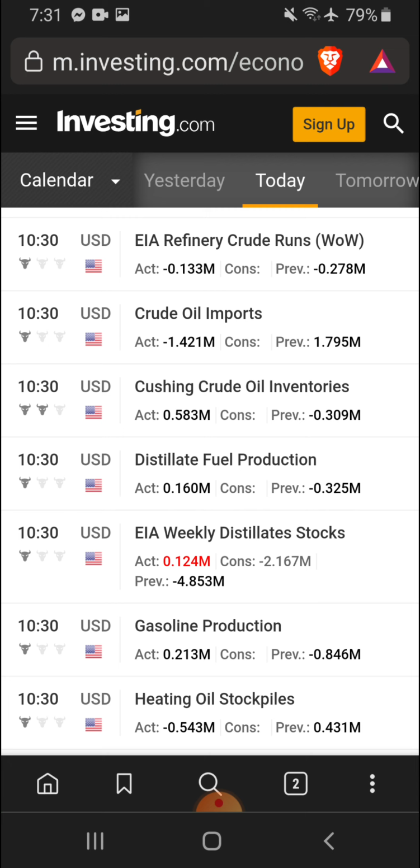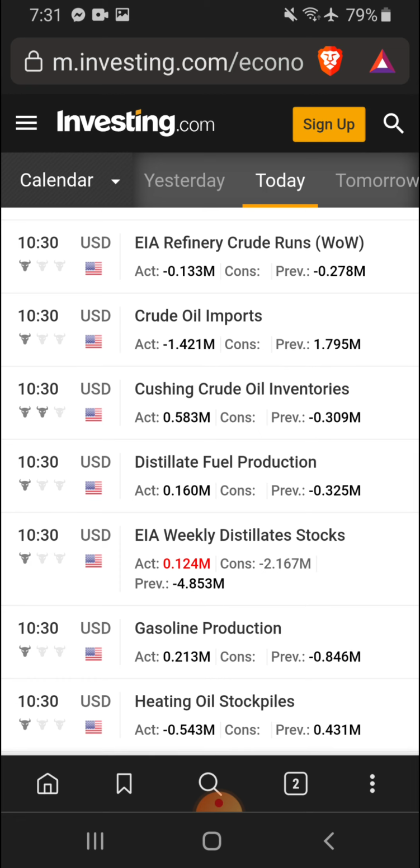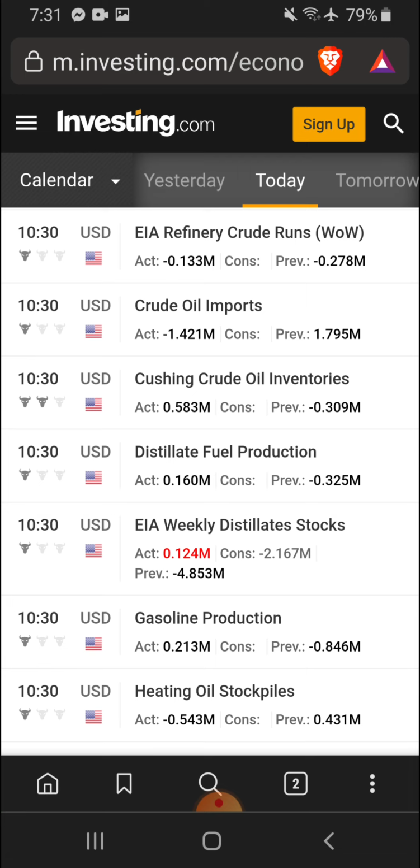Cushing crude oil inventories. Cushing is in Oklahoma. That's actually bearish for crude oil prices because it looks like they had a surplus at the Cushing facility. That's the biggest facility in the States for crude oil, like the center artery.